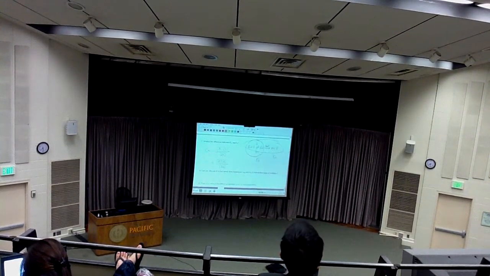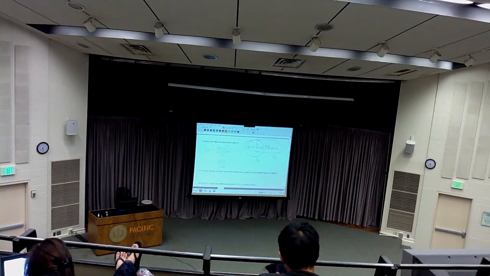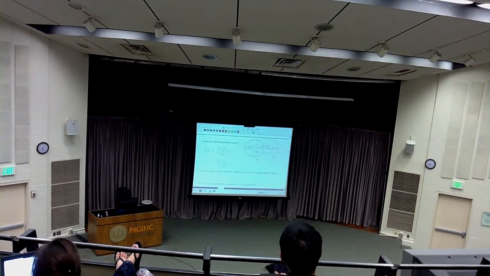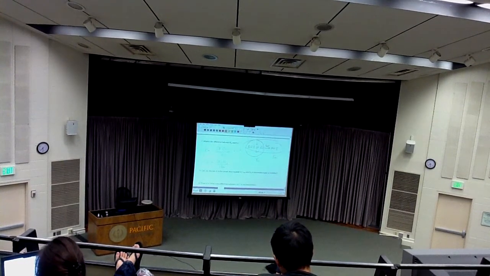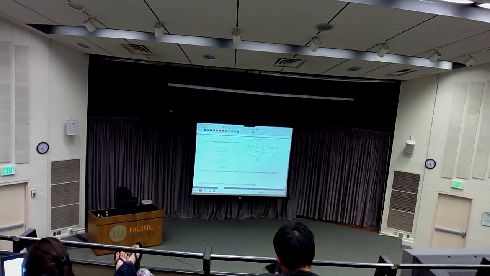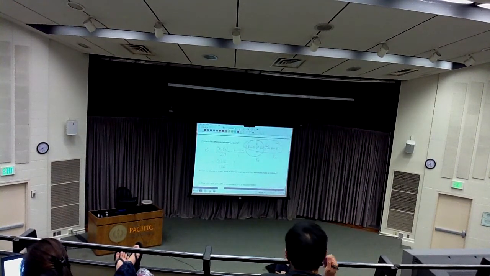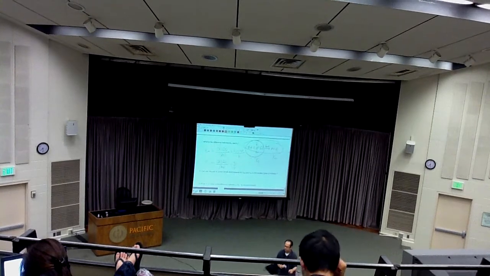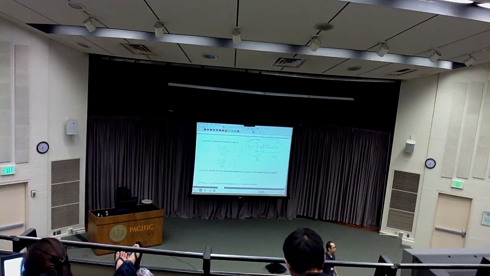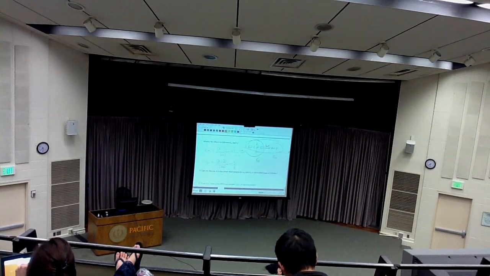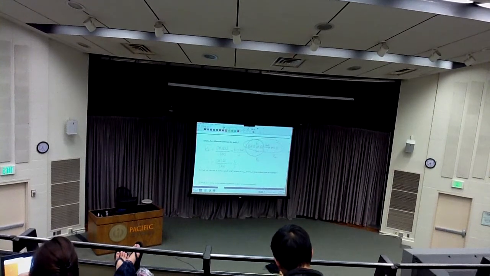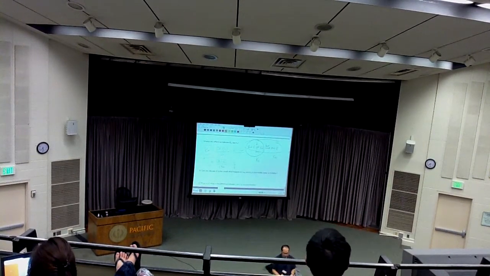Because of that, if we express them in terms of rate constants, Km is (k minus 1 plus k cat) over k1, versus Ks, which would be just k minus 1 over k1 at equilibrium. So that is the difference between Km and Ks.